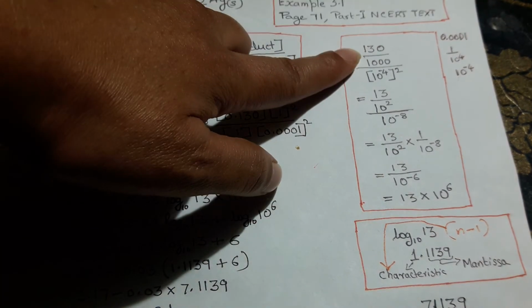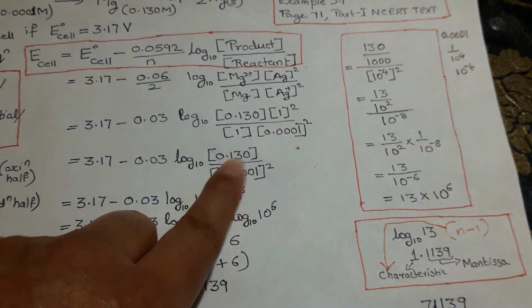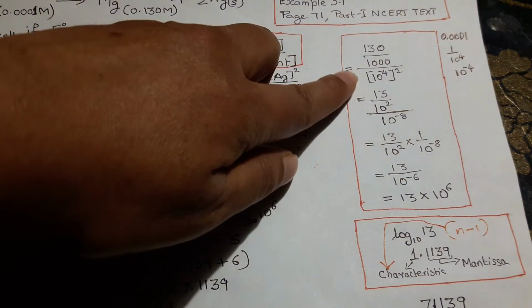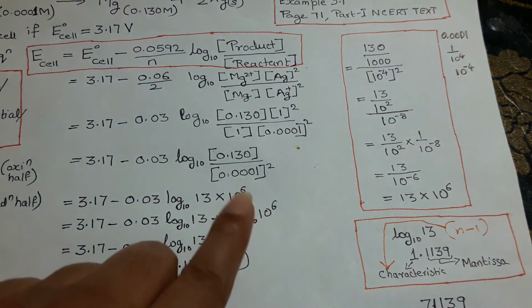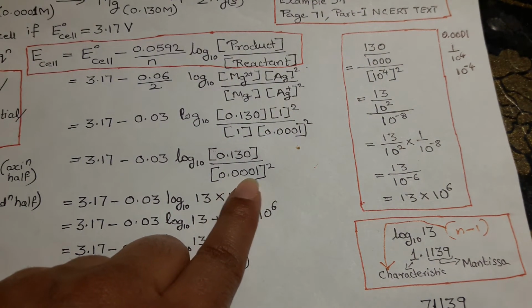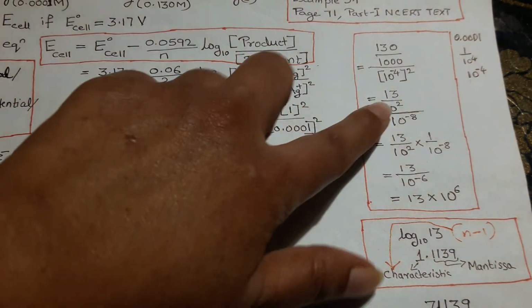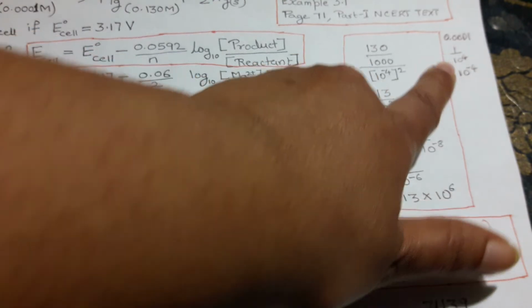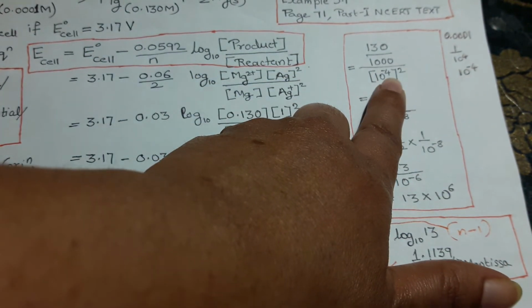So here the first thing is to remove the decimals. So 0.0130 we write as 130 upon 1000, and in the same way 0.0001 we can write as 10 raised to minus 4. And how do we get it? First we write it as 1 upon 10 raised to 4, and when we remove the reciprocal we write it as 10 raised to minus 4.